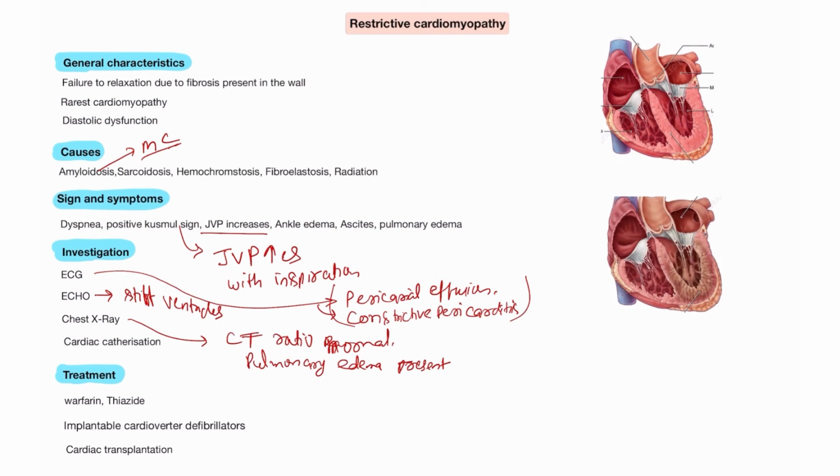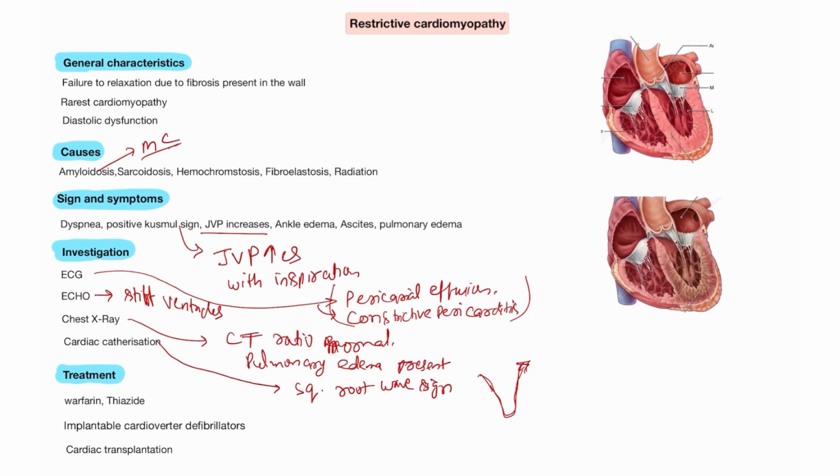In the catheterization process, you will see layers of fibrosis. So the square root wave sign is visible. Please learn this: the square root wave sign is visible in the catheterization process. You will see this type of wave, which looks like a square root.